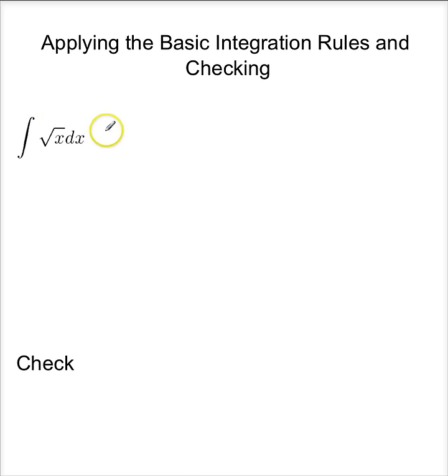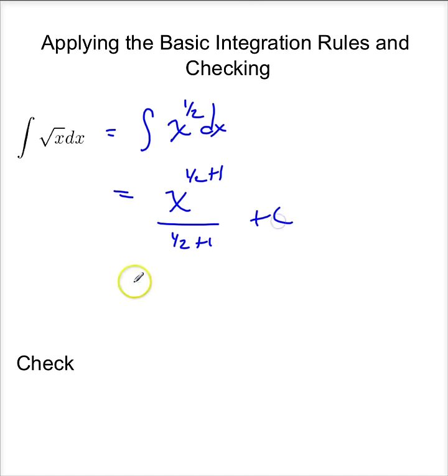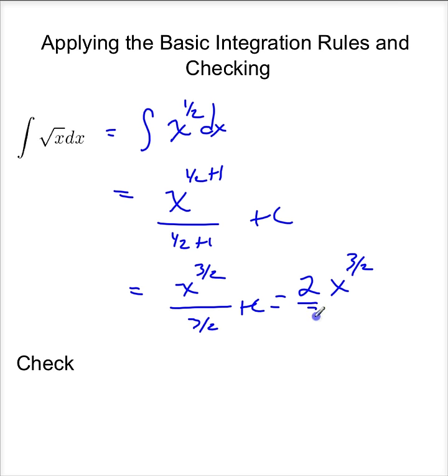When you have radicals, you're going to want to write this as the integral of x to the 1/2 dx, because this is now x to the 1/2 plus 1 divided by 1/2 plus 1 plus c. So this is x to the 3/2 divided by 3/2 plus c, and you do need to rewrite this as 2x to the 3/2 over 3 plus a constant.